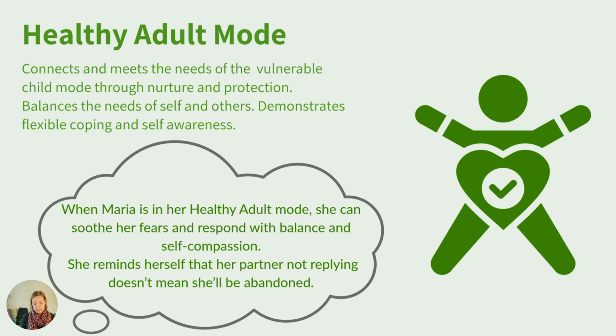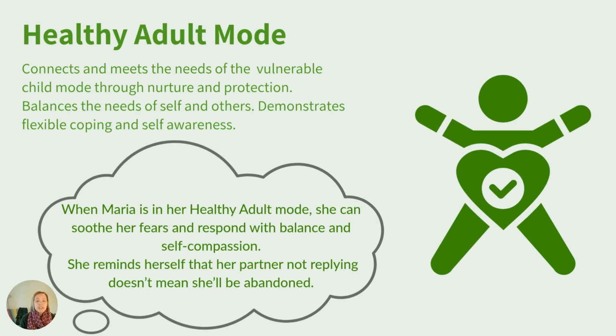So it might be that some of the ways of coping are helpful in certain circumstances, but often when coping modes come in, they come in a very rigid way. And the healthy adult mode supports the individual to be flexible in its coping.